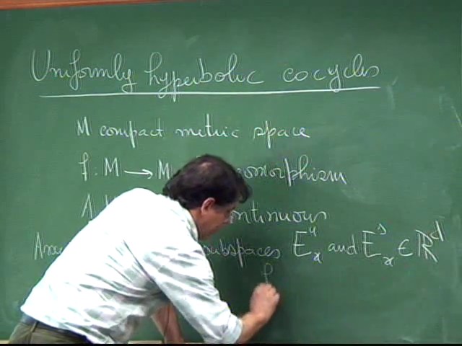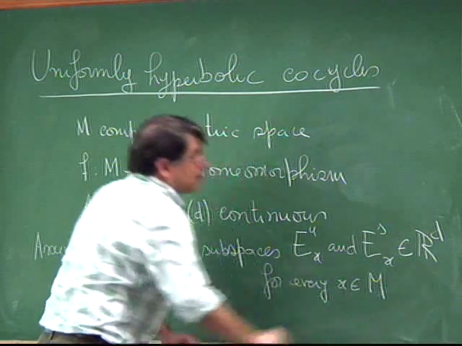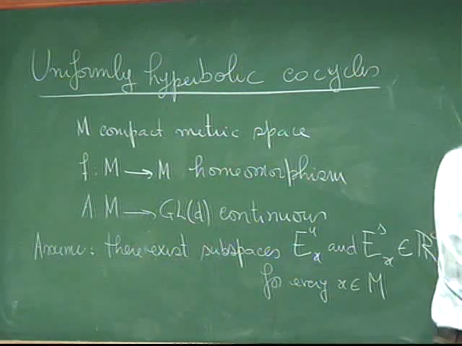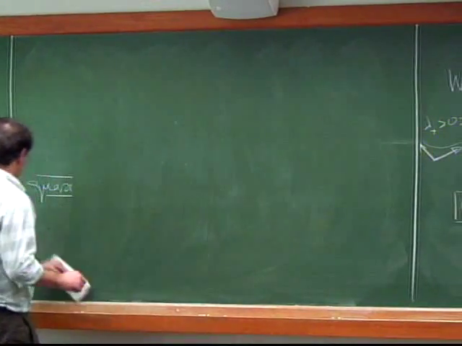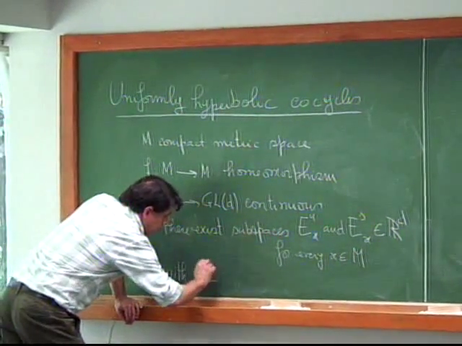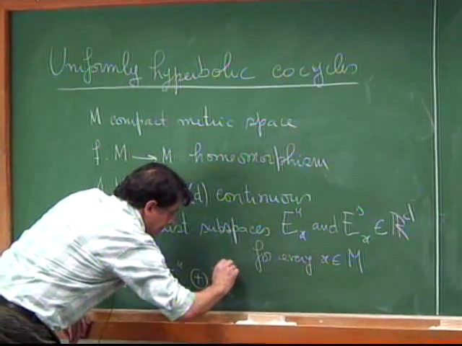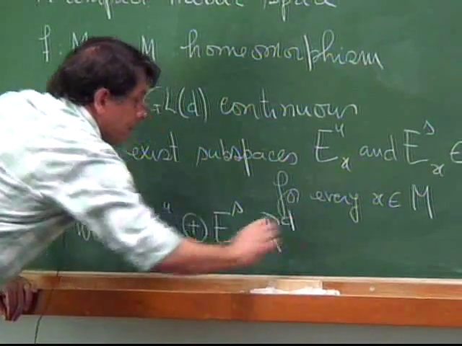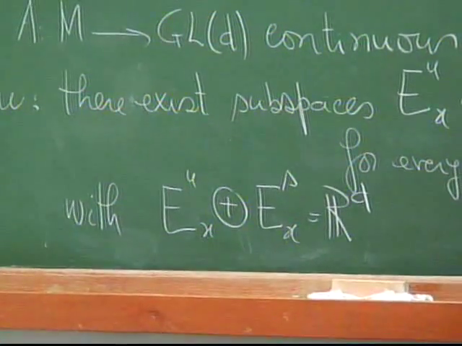This is for every x in M. So these two subspaces are transverse, and satisfy a certain number of conditions.